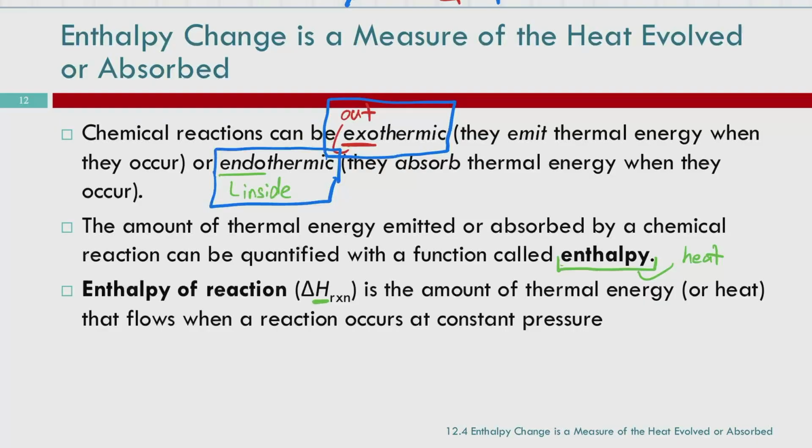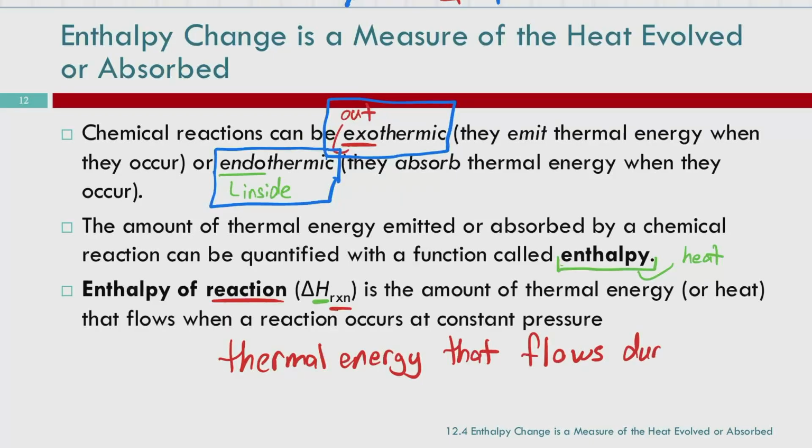Some people might get mad about calling it heat, but it works. So enthalpy of reaction, specifically change in enthalpy, this triangle in the front, delta, change in enthalpy, and then the RXN here standing for reaction. This is the amount of thermal energy or heat that flows during a reaction.